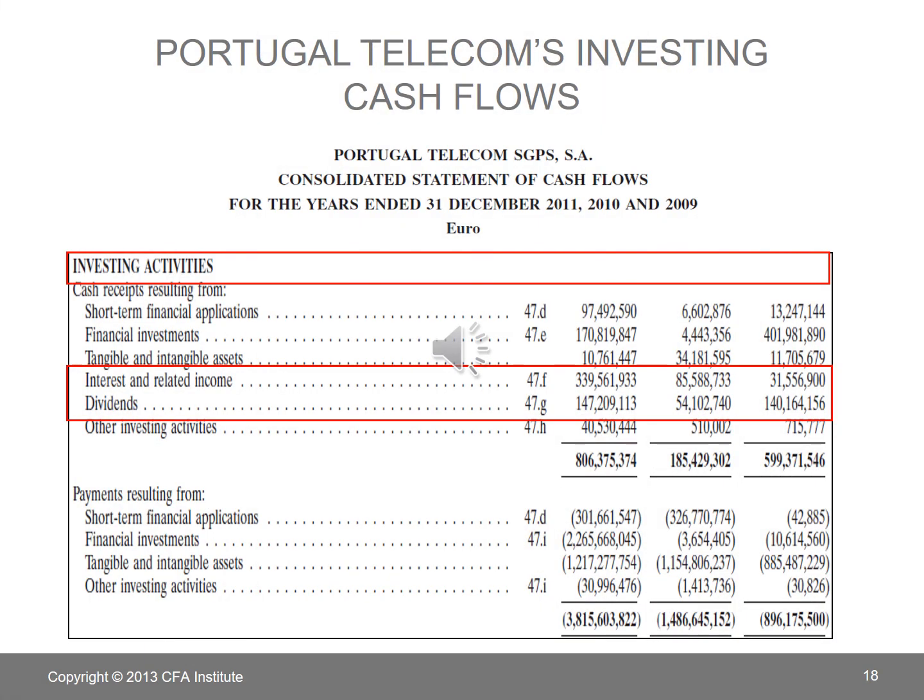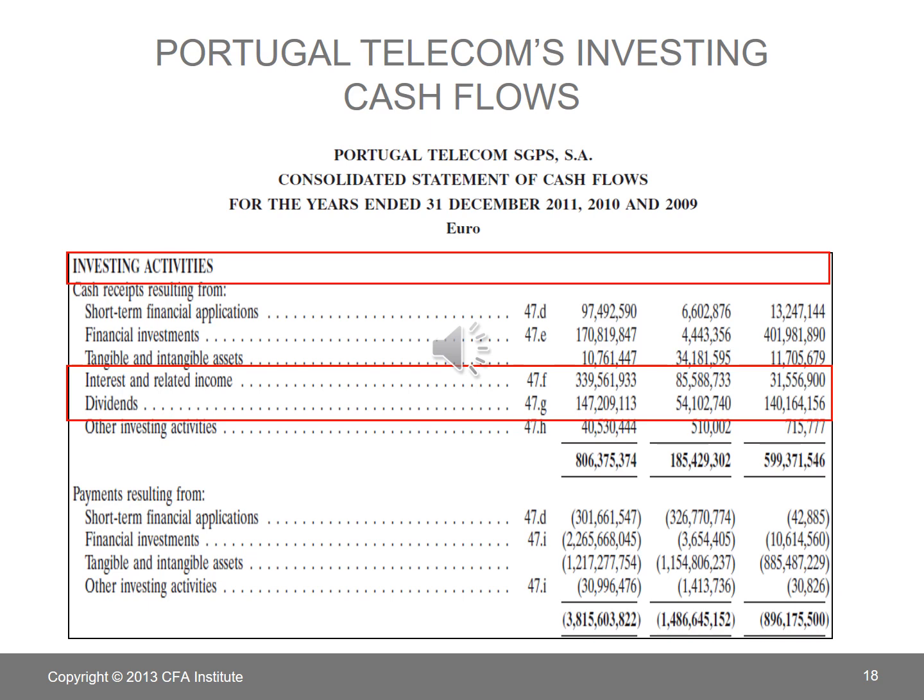As we noted earlier, US GAAP classifies interest and dividends received from investments as operating activities. On the other hand, IFRS allows companies to classify interest and dividends received from investments as either operating or investing cash flows.